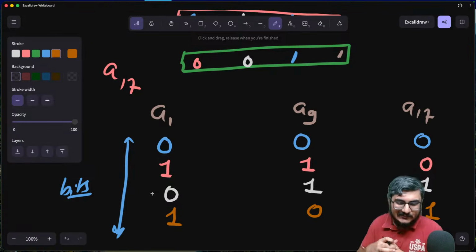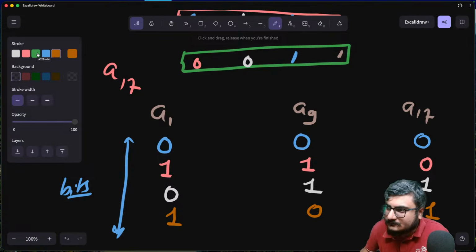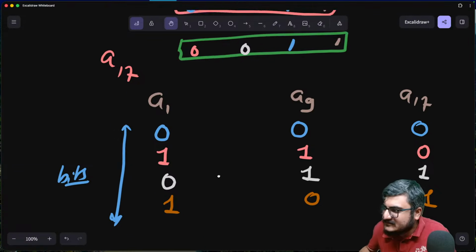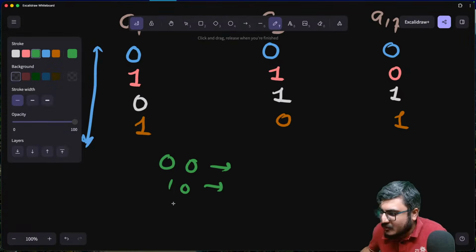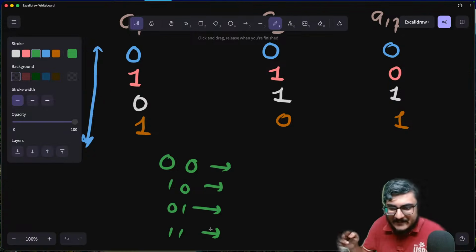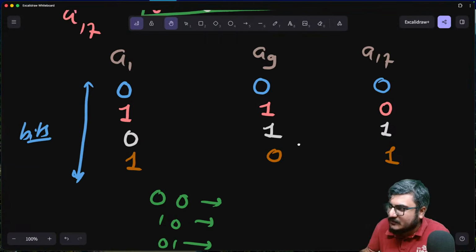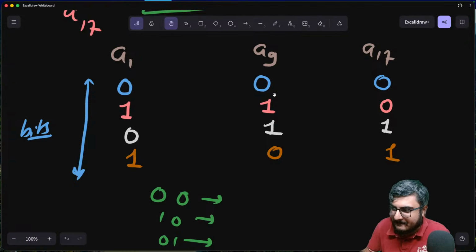And since at the end of the day, we have to just count the number of ones and 0s in each of the numbers, does the order of how bits are arranged really matter? Or if we can somehow know how many 0 0 pairs exist, how many 1 0 pairs exist, how many 0 1 pairs exist, how many 1 1 pairs exist, based on this pair count, I can also figure out the counts for all the numbers here.